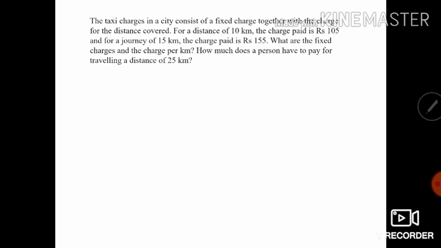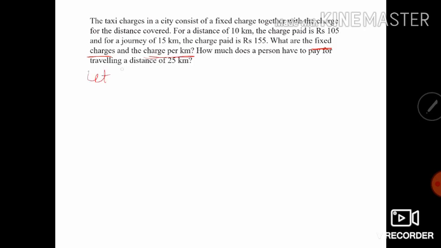What are the fixed charges and the charges per kilometer? How much does a person have to pay for traveling a distance of 25 kilometers? A very long question, but yet an easy one.